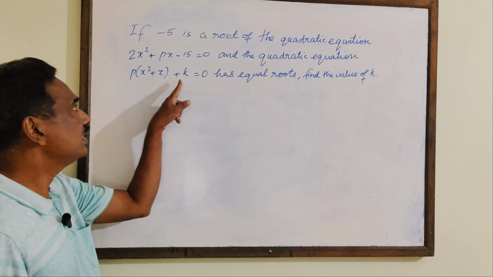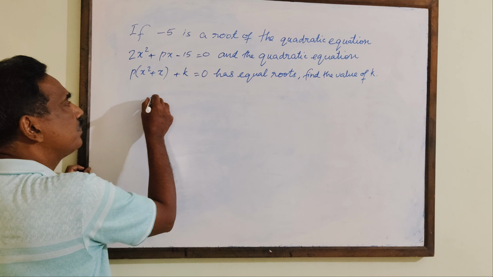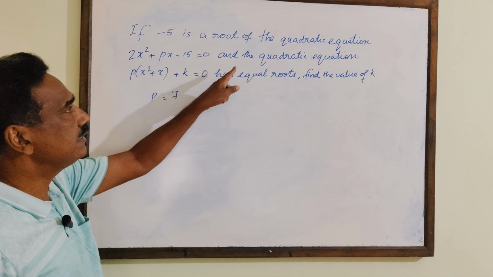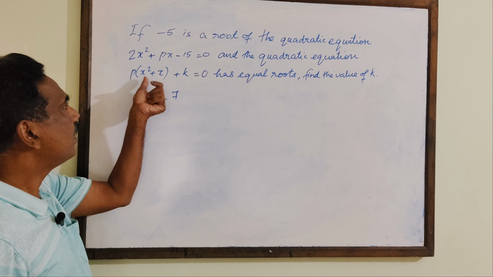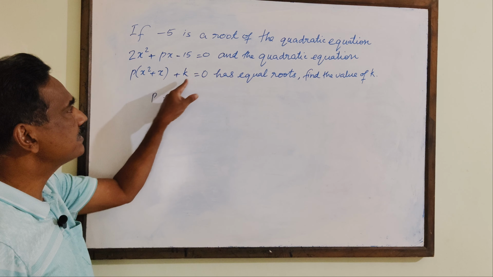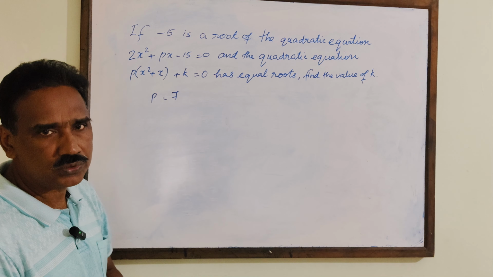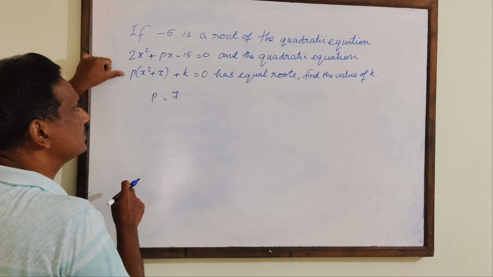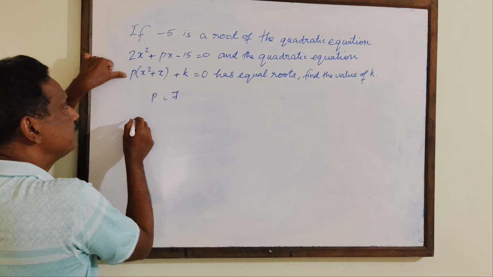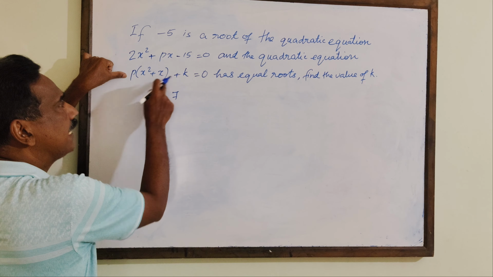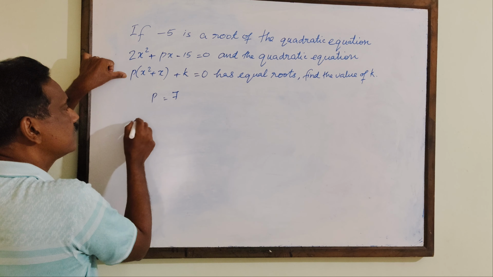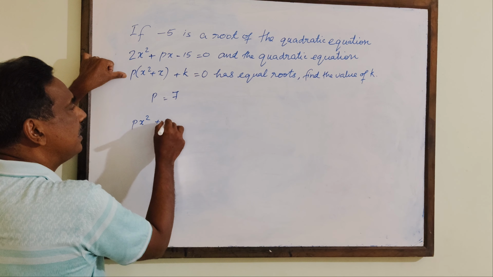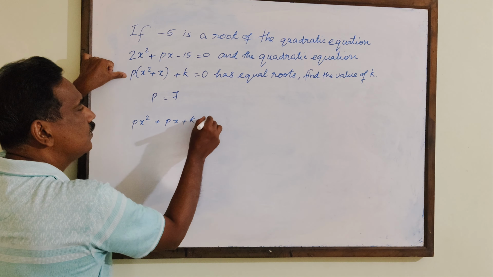Now you have to find out the value of k. You have already obtained p is equal to 7. And what is the second part saying? Quadratic equation p of x square plus x plus k equal to 0 has equal roots. First of all, you have to convert it into the form of a quadratic equation. So if you take this p of x square plus x, how will you open it? P into x square, that is px square, plus p into x, that is px, plus k equal to 0.